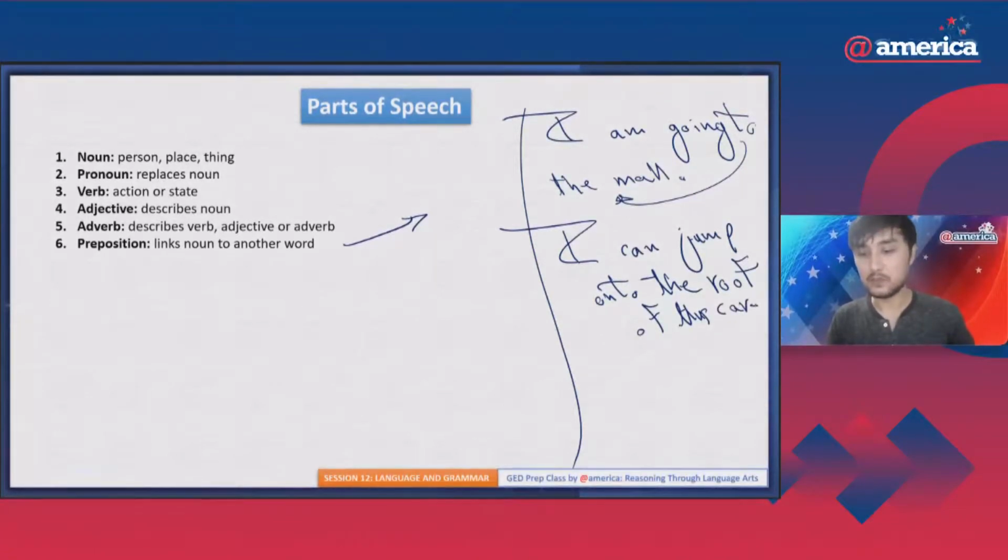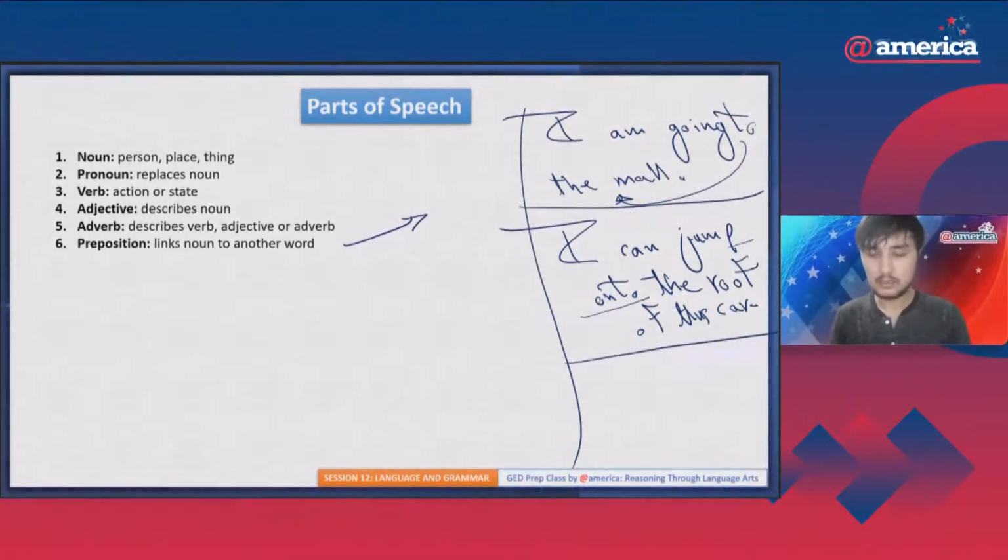In this sentence, we can see that onto is the preposition, and it connects jump, which let's call another word in the sentence, with the roof of this car. The roof of this car, of course, is the noun that it is linking to the other word in the sentence.